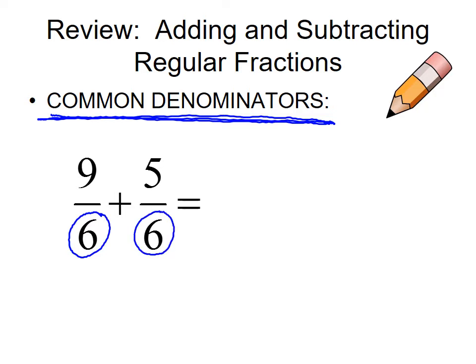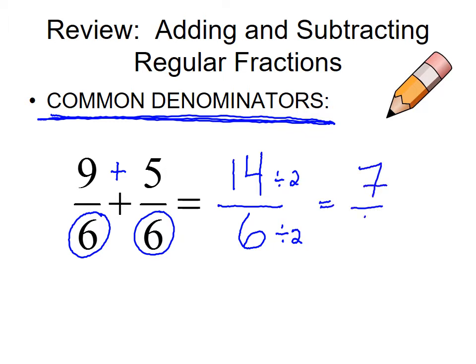When they are common, the same, the denominator stays the same. It doesn't change. All we add together are our numerators. So we have 9 plus 5, which gives us 14. And then we're going to simplify, okay? 2 can go into both of these, so we get 7 over 3. And we can leave our answer just like this.